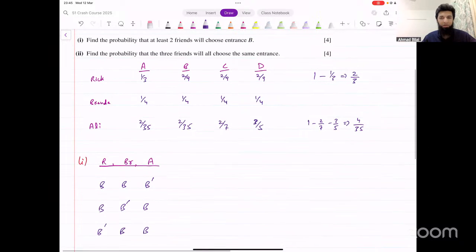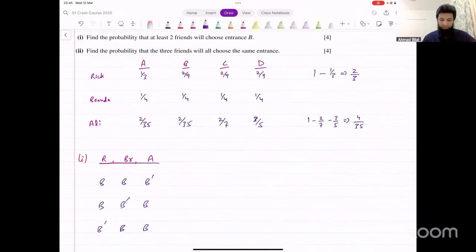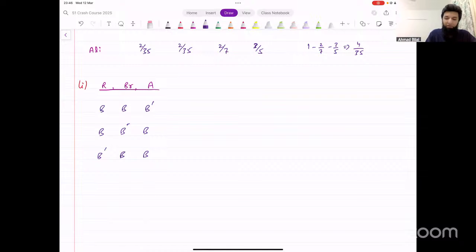Are these the only cases? Are we missing something? These are cases when 2 friends will choose B. Is there any other case that might be possible as well? It says at least 2 friends. That means it's also possible that all 3 of them choose B. That's another possibility as well, right? It's not exactly 2 friends choosing B. At least 2 friends have to choose B. That means another possible case could be that all the 3 friends choose entrance B. That's the 4th possible case.